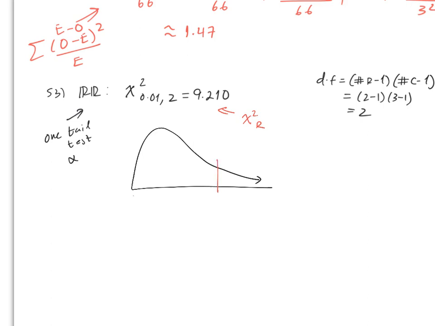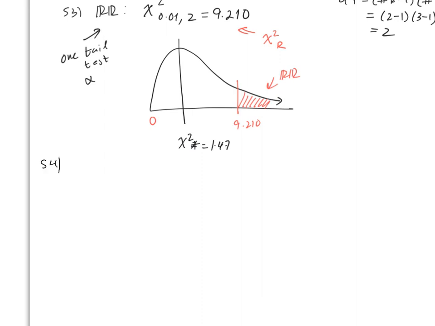So the rejection region is 9.210. So any number in here will be rejected. Our chi-square star happens to be 1.47, which is clearly not in the rejection region.